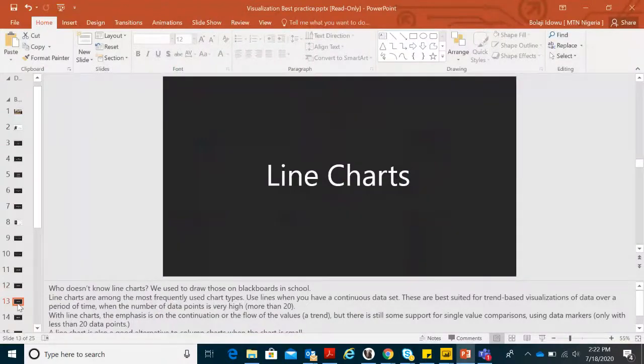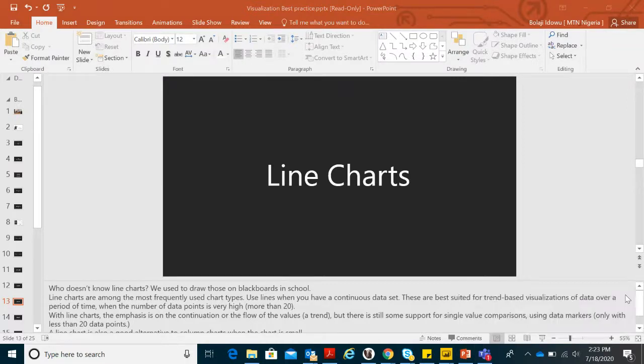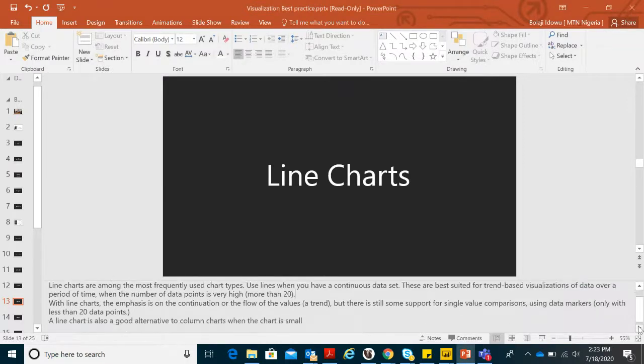So lines are actually used when you want to present items that are changing, like I stated earlier, to check how things are distributed, or to compare as well. Line charts are frequently used charts, and are best suited for trend.